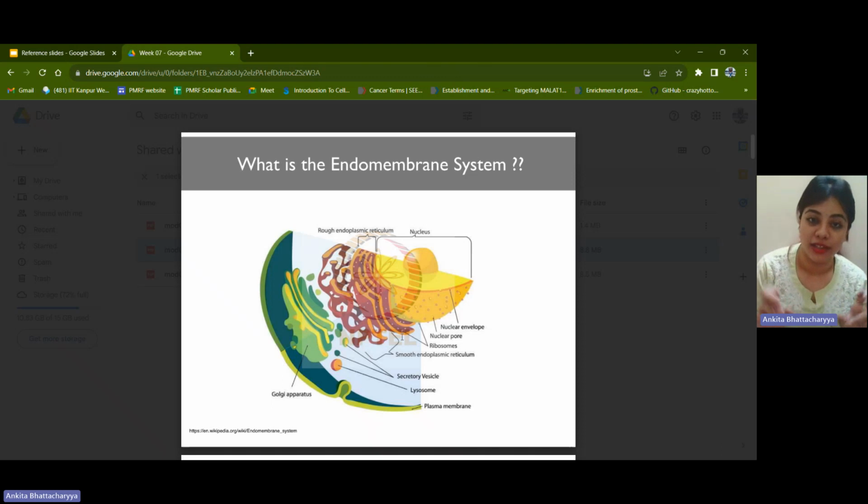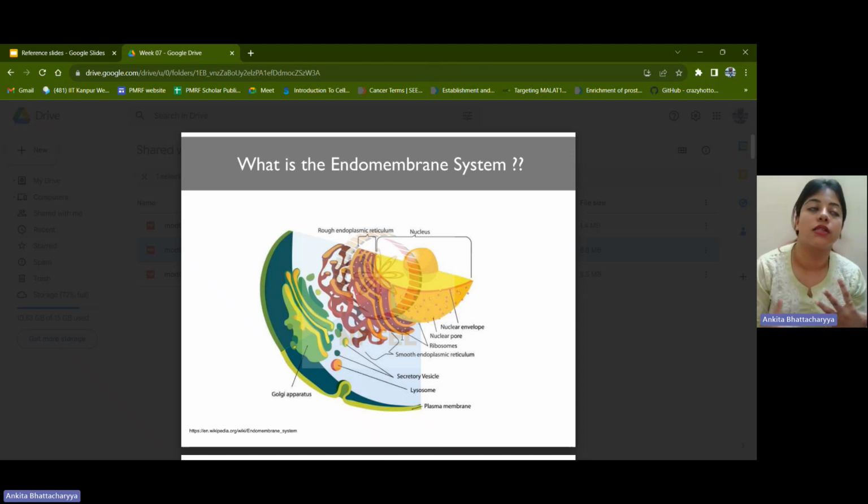Whenever we say apparatus, it is because it's not a singular entity by itself, like there's one nucleus. It's a composite entity. The endoplasmic reticulum, or the ER, is a very scattered arrangement, a network. Both the ER and the Golgi are sort of a network.